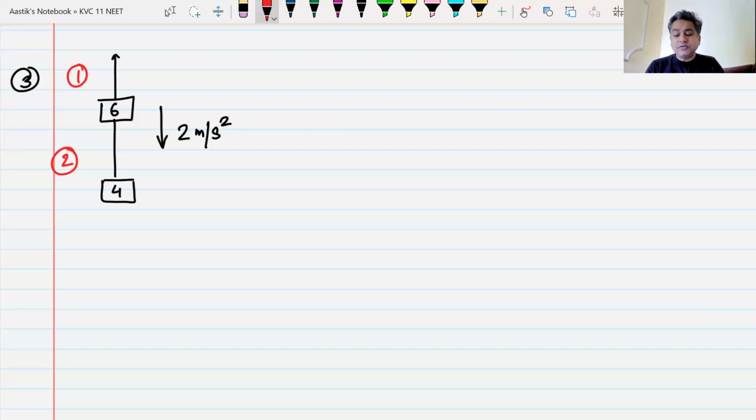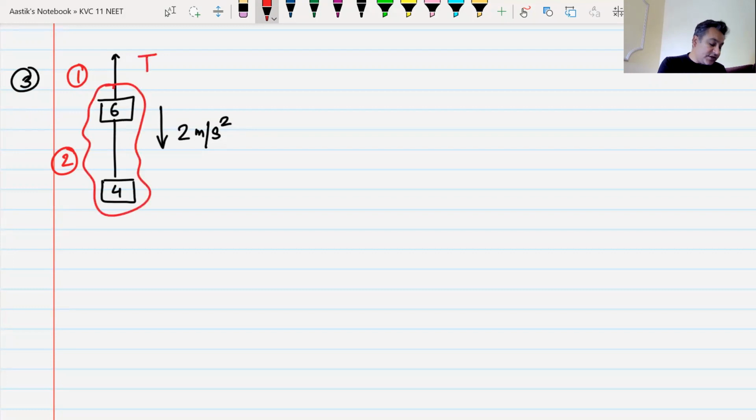So, how are we supposed to do this? Well, the case is very simple. I hope all of you can see this. First, I'll take these two blocks as one system. The total force is T in the upward direction, tension in the first string, and the total force downwards is 6 plus 4, 10, 10 times G. But remember, bacha, this block is moving downwards.